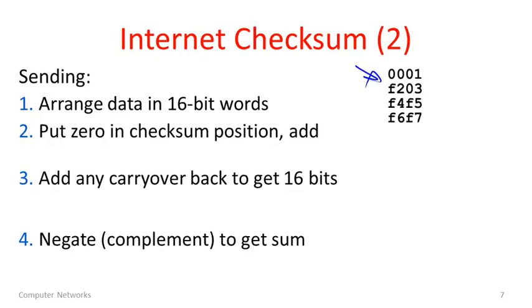Now we're going to add these together. We'll actually put a 0 in the checksum position here, just so we can have the same algorithm on the receive side. And we're going to add all of these things together. What do we get?